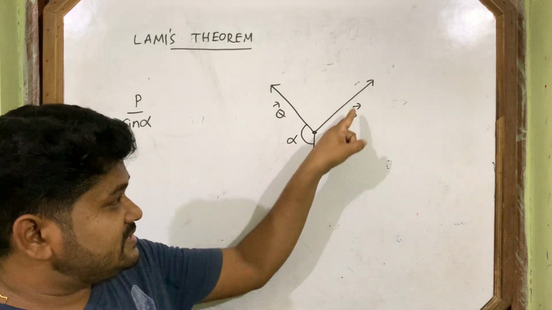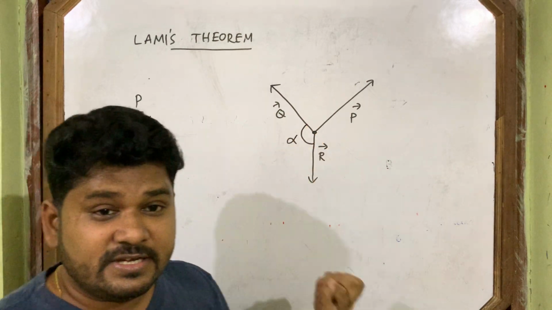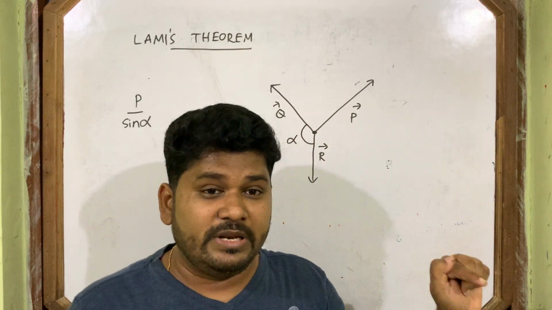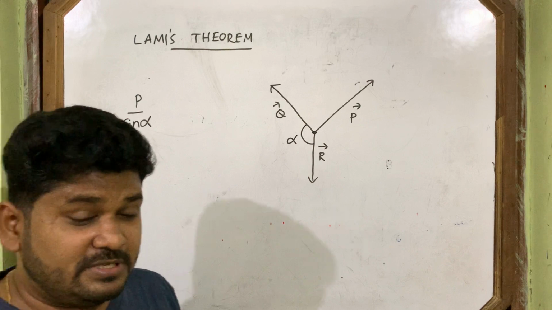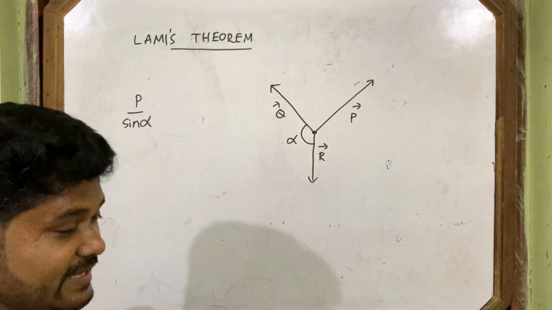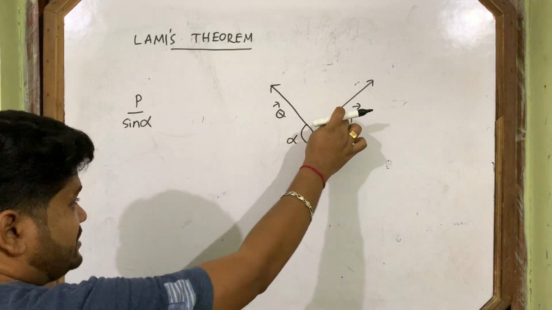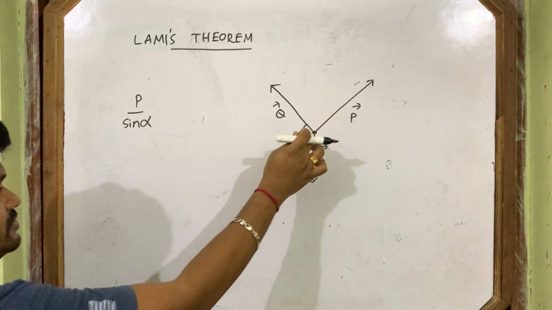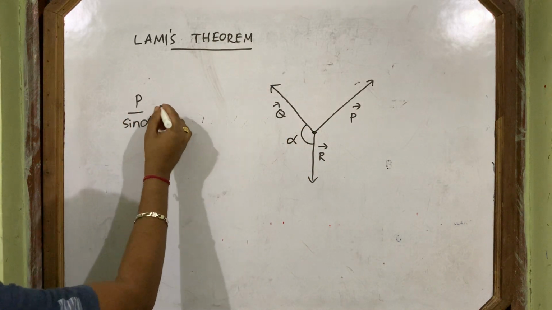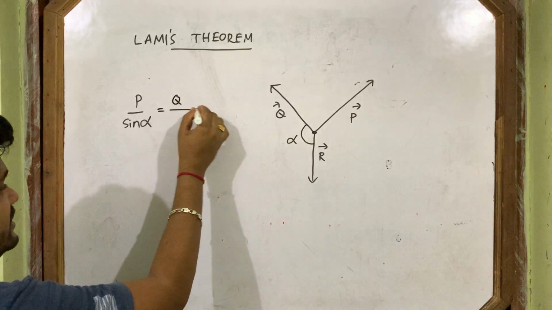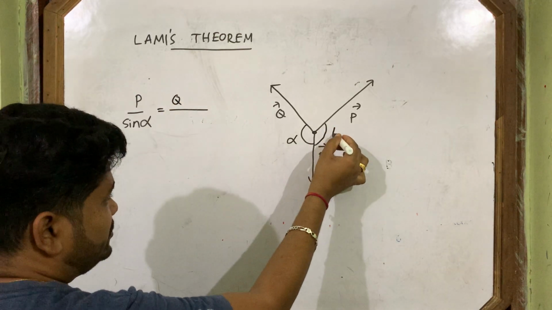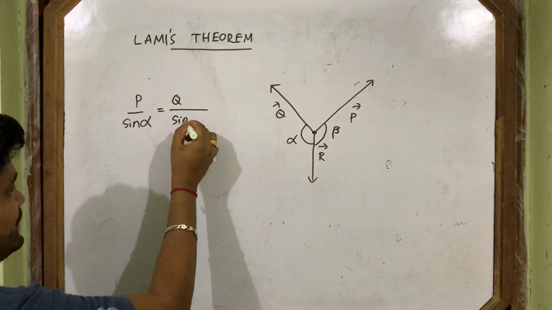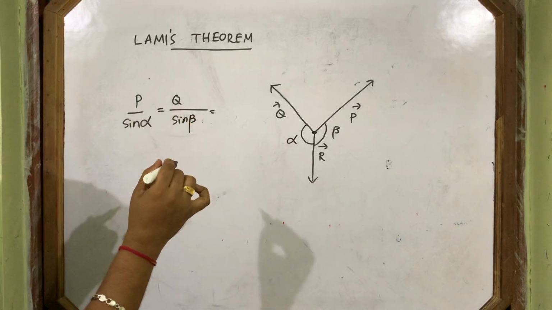If three vectors act at a point simultaneously and make equilibrium, equilibrium is the important condition here, then the ratio of magnitude of each force to the sine of angle between the other two. If you go to Q, the angle between the other two is, suppose, beta. Q by sine beta.